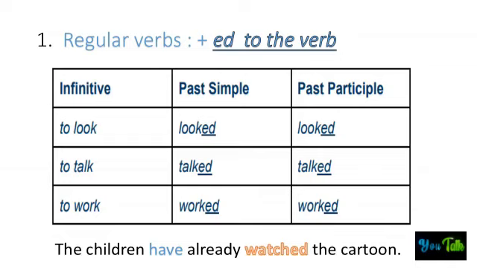The past simple and the past participle are the same. One example of a sentence using a regular verb is: the children have already watched the cartoon. Here it is the present perfect of the verb to watch.